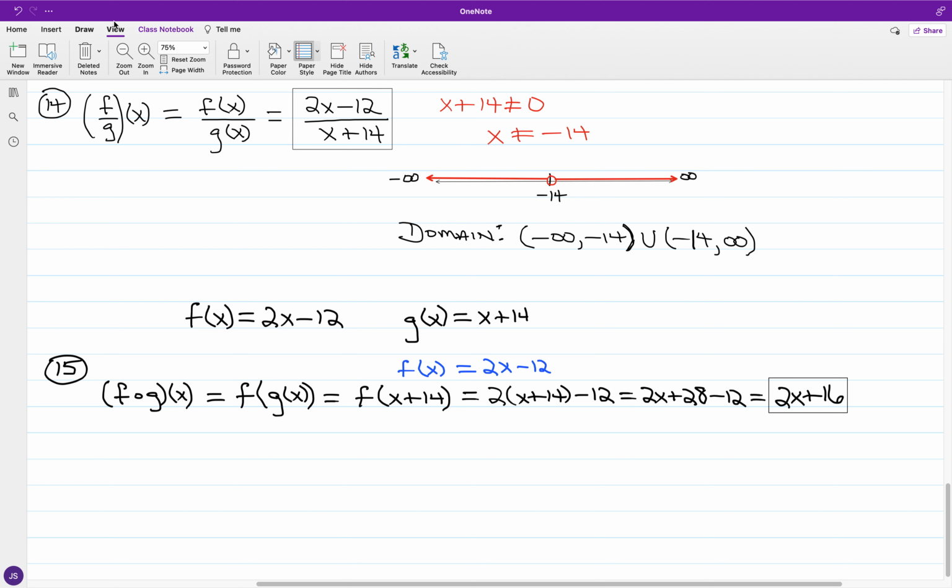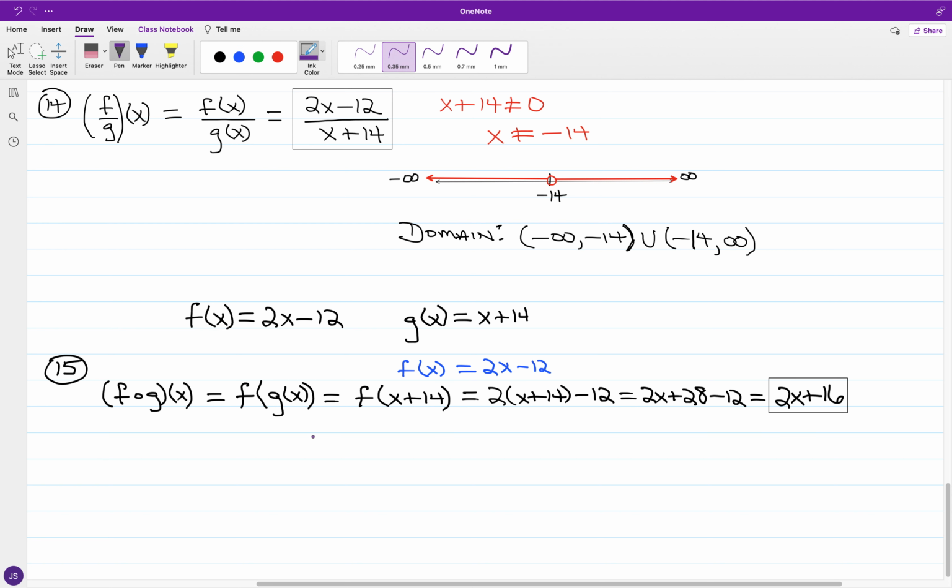Now for the domain, again, you got the input at x plus 14. Again, you have a linear expression, and again, there's no restriction. And in case of the final output, you got 2x plus 16, no fraction, no even root radical.